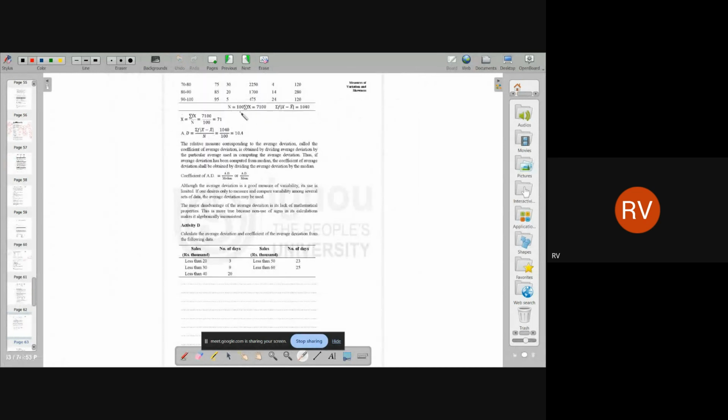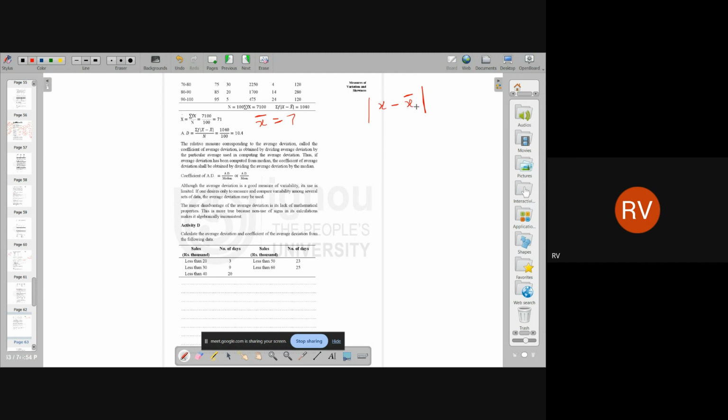Then n is equal to 100. Sigma fx, that is f into x, is 7,100. Then x bar is equal to 71. Then modulus of x minus x bar, that is difference.